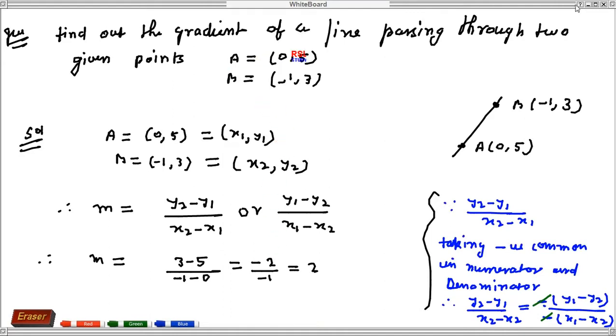So the gradient of the line will be 2, or in other words we can say that the slope of this line which passes through points A and B is 2. That is the answer.